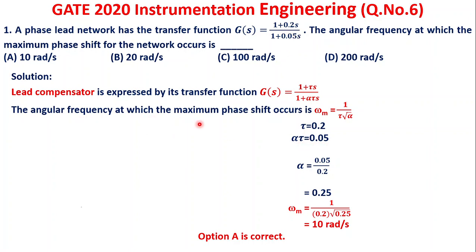The angular frequency at which the maximum phase shift occurs, we have already seen in our regular control systems lecture series on compensators: ωm equal to 1 / (τ√α). From τ and ατ we can find α very easily, just by solving these two. So α is 0.25, and we know τ. Substitute α and τ in this expression and simplify: 10 radian per second. Therefore option A is correct. See how simple the solution to the problem is.